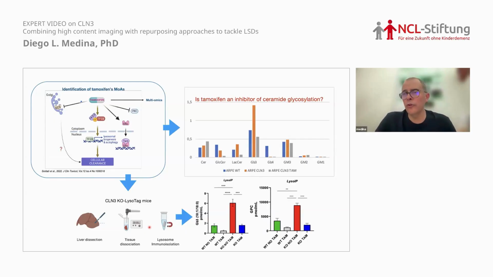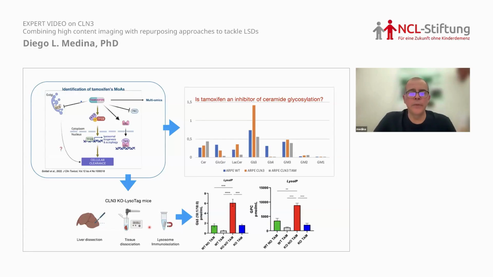And we do so not only to identify the major pathways that can be activated to ameliorate Batten disease phenotype, but also hopefully identify targets of tamoxifen that are more druggable, and we can perform with them additional drug screenings in order to identify other drugs that can induce the clearance of pathological accumulation within the lysosome in Batten disease.